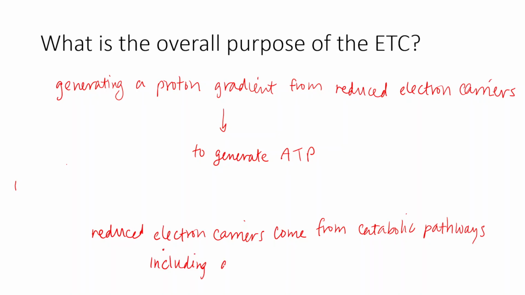So those are things like glycolysis, the pyruvate dehydrogenase complex, the citric acid cycle. Those are the ones we learned about here. There are also other ones that we did not cover in this class.